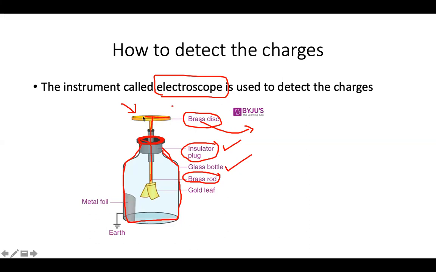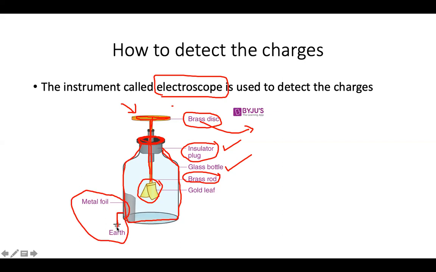On top, it's just a disc, but it's made of brass, a good conductor. That rod that we have there is also a good conductor. It's made of brass as well. Then down here, we have a gold leaf. Then we have a metal foil that is connected to the point where an earth wire is connected.